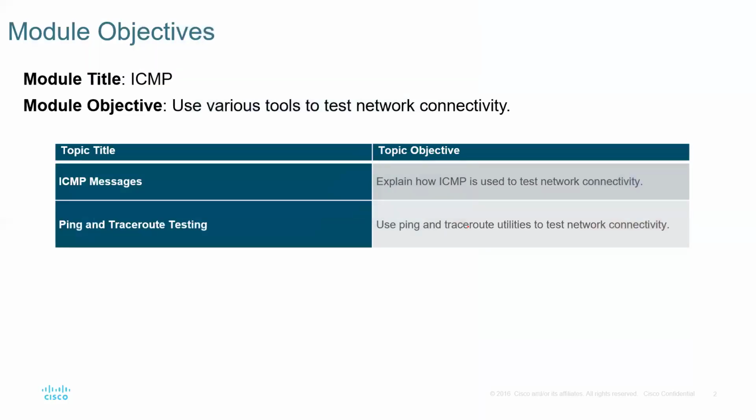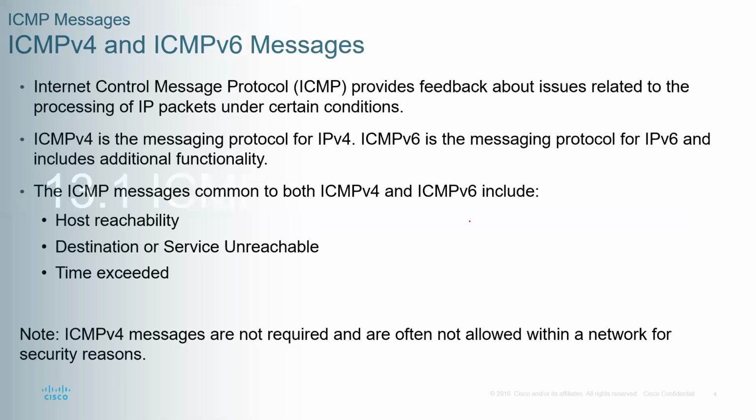We will be explaining how ICMP works and how it is used to test network connectivity, and we'll be using ping and traceroute as ICMP tools to test end-to-end connectivity. ICMP version 4 and ICMP version 6 messages.